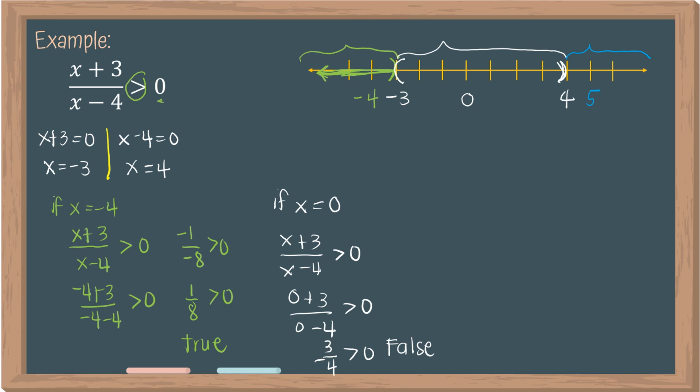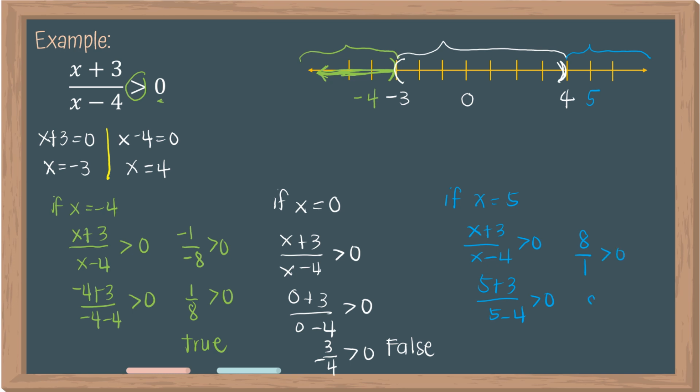And then for the last one, we have the last test point, if x is equal to 5. So again, we have our inequality, x plus 3 all over x minus 4 is greater than 0. So we have 5 plus 3 all over 5 minus 4 is greater than 0. So 5 plus 3, that will be 8 over 1 greater than 0.